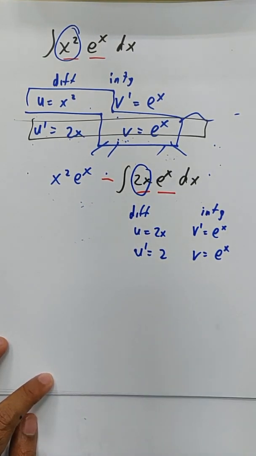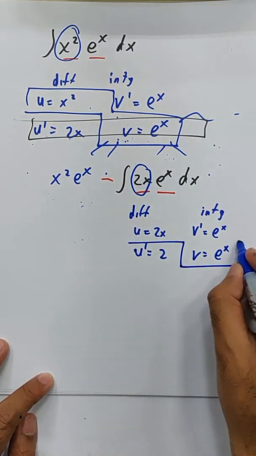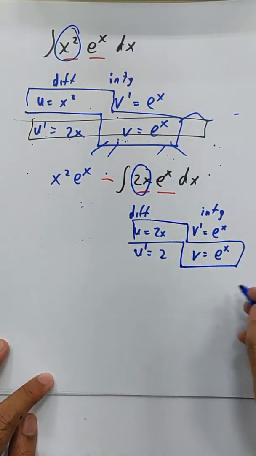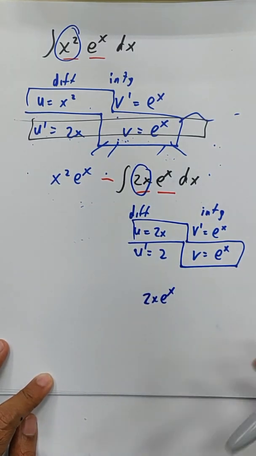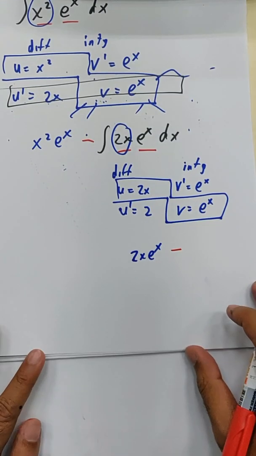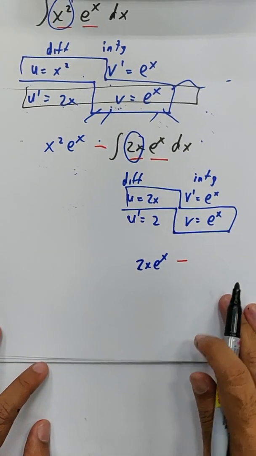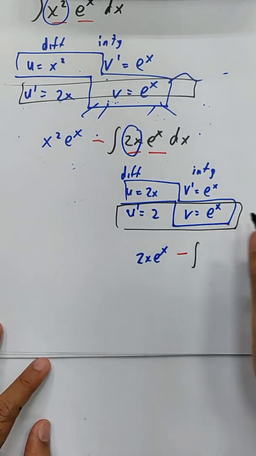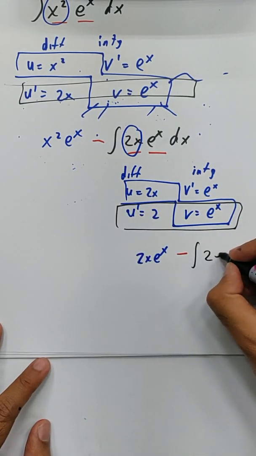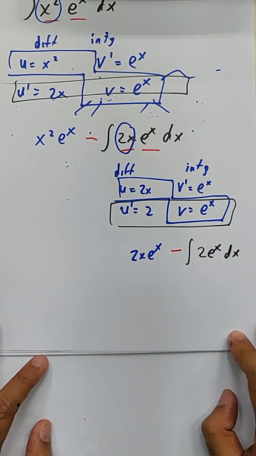So now, how? Still do the same dinosaur thing. 2x e^x minus, sorry, minus what? Integrate 2e^x. Are you okay with it?